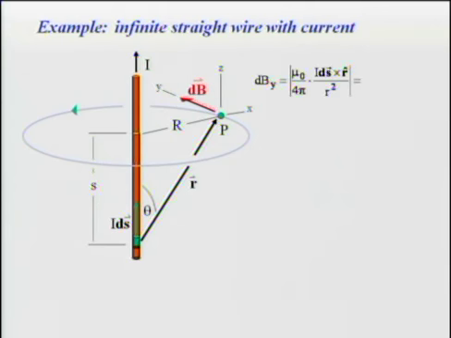So let us calculate this y component, which happens to be also the magnitude of the vector dB of the magnetic field produced by the segment.